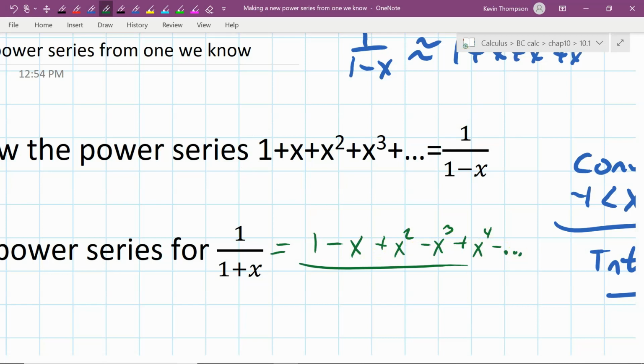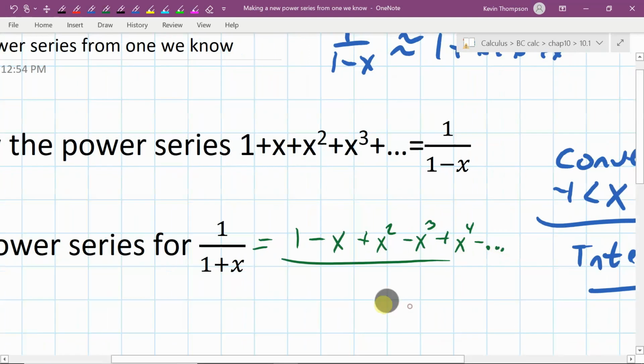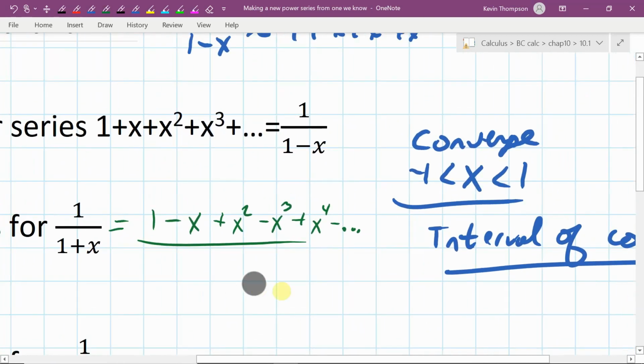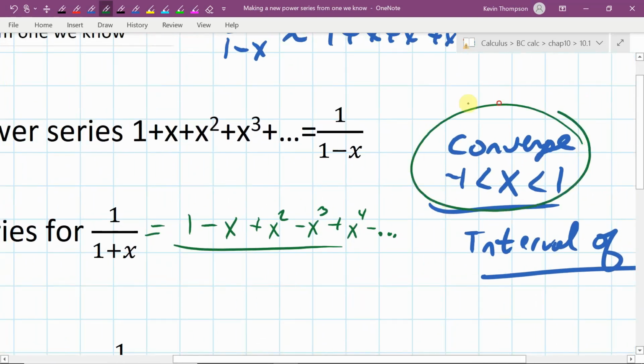Okay, what's the interval of convergence here? Now, usually you can get that answer by thinking of the same substitution over here, right? So if you're going to get that answer of 1 minus x plus x squared by substitution, then the interval here has to also be by substitution.